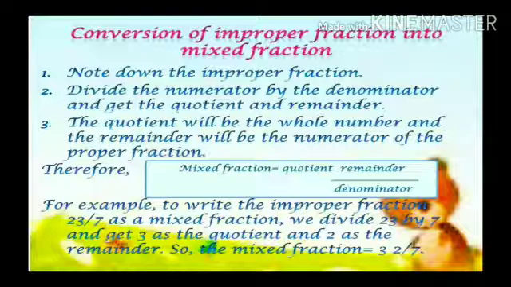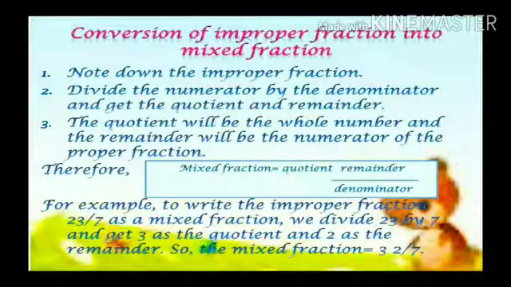The third step is, the quotient will be the whole number and the remainder will be the numerator of the proper fraction. Therefore, you can see the formula is given. The mixed fraction is equal to the quotient as the whole number and the remainder as the numerator upon the denominator. And the denominator is the number by which you are dividing the numerator.